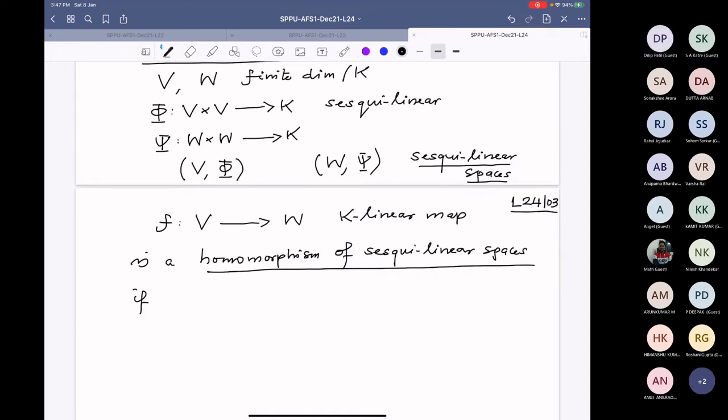That means phi of x, y, on the other hand psi of f x, f y. These things make sense. Both are in the field. They should be equal for all x, y in V. Then we call it a homomorphism.